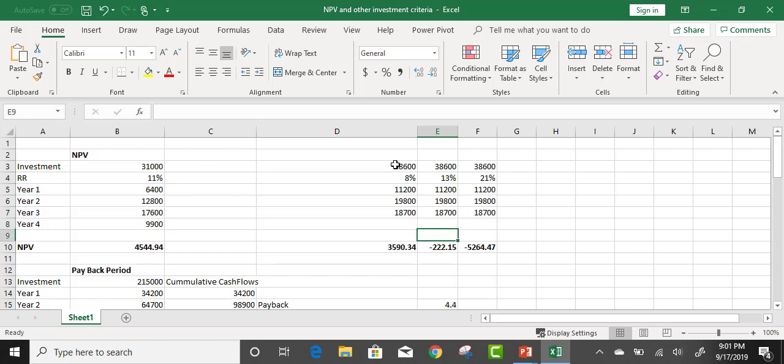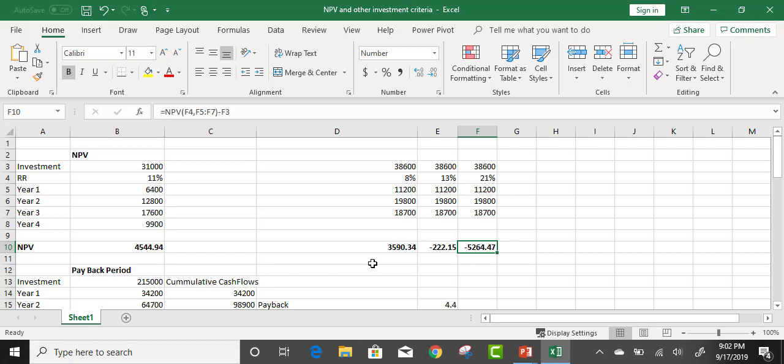When the discount rate is 8%, the NPV is positive, at 3590. At a discount rate of 13%, the NPV is turning out to be negative. And at the discount rate of 21%, the NPV is more negative. What it means is that different discount rates have a different impact on NPV.